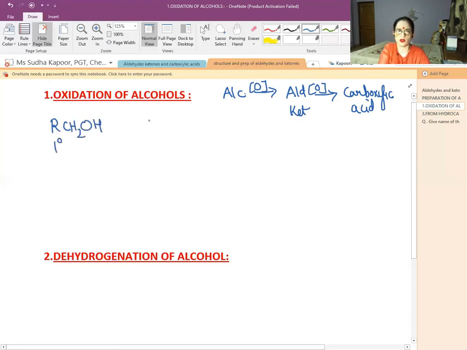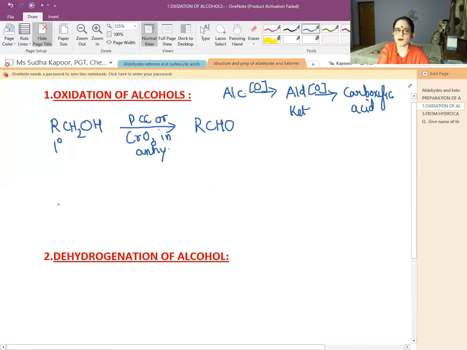A 1 degree alcohol in the presence of PCC or CrO3 in anhydrous medium will result in the formation of aldehyde. So 1 degree alcohol is converted into aldehyde in the presence of PCC or anhydrous CrO3.